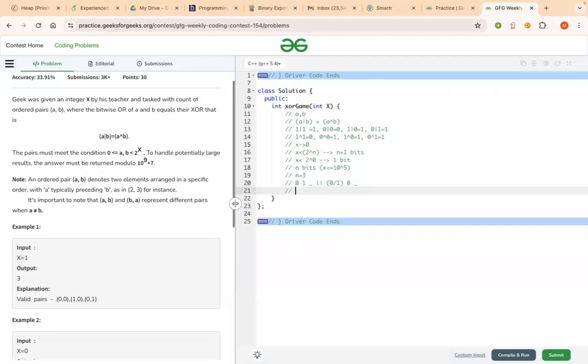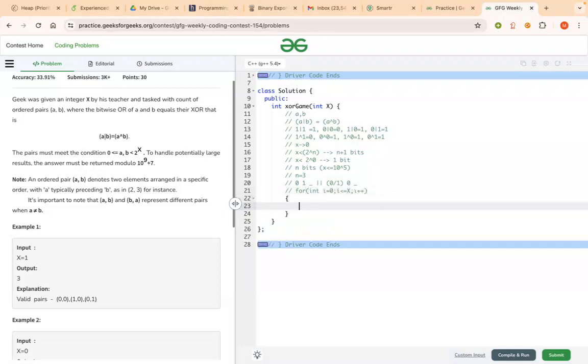If you go through this, it gives us a formula: let's suppose int i equals 0, i less than or equal to x that is given to us, and i plus plus, it will give you 2 to the power i times 2 to the power i times the combinatorics, if you know, x C i.